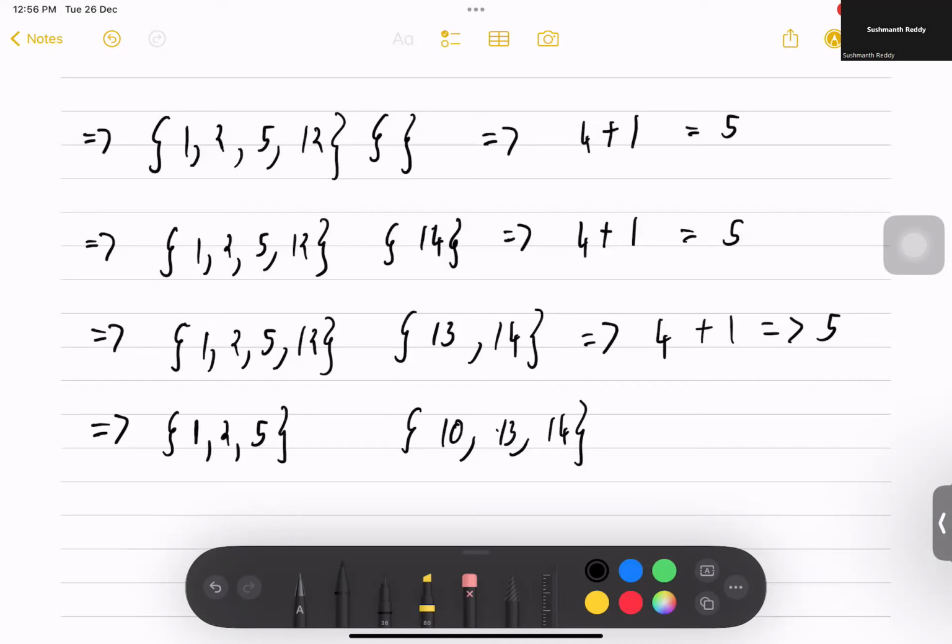To find this longest prefix, just like we discussed, we can binary search in the prefix area. That is, among all the indices which are contributing to the strictly increasing prefix, we can find the index whose value is smaller than 10, because as the prefix is strictly increasing, it's monotonic. So the number of choices we have is 3 plus 1. That is, there are 4 choices for this.